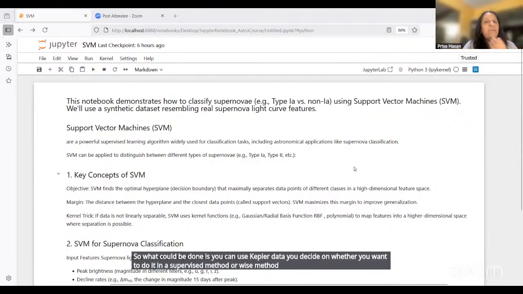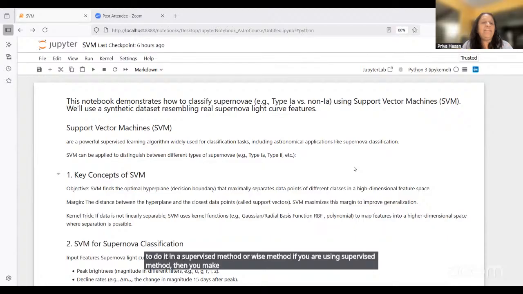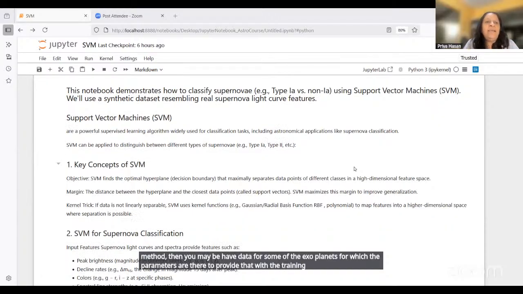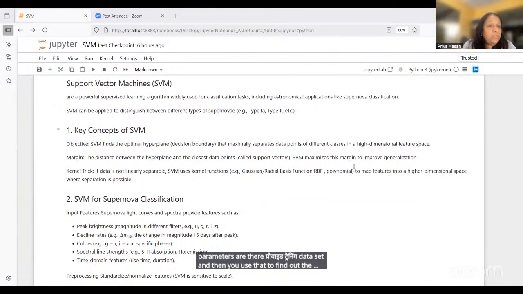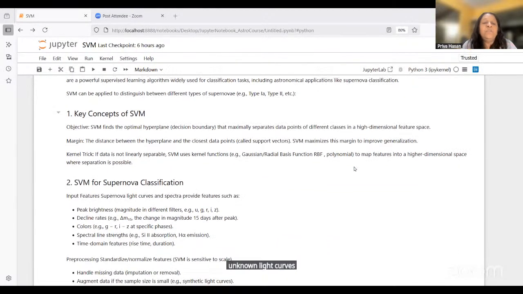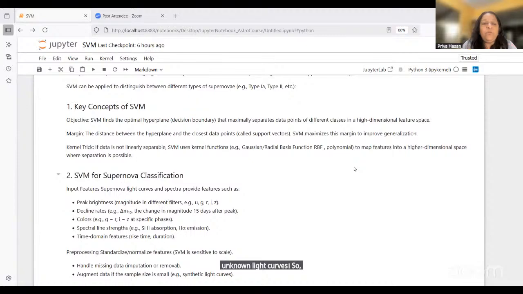If you're using a supervised method, then maybe you have data for some exoplanets for which the parameters are known. You provide that as the training data set, and then you use that to find the parameters for unknown light curves, right? So try to look for some papers.